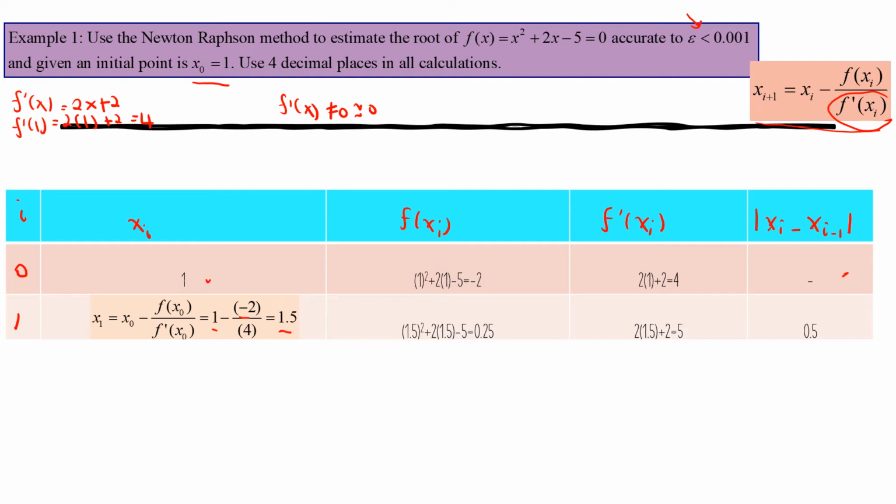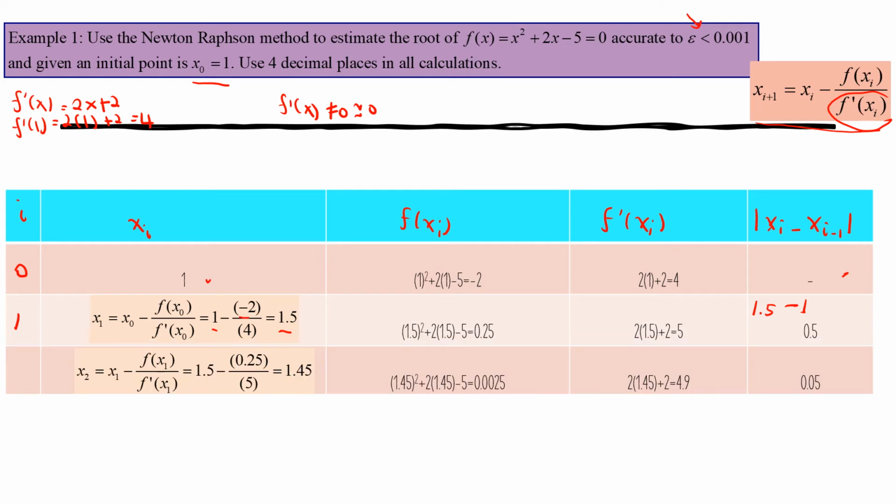Next, substitute 1.5 in f(x_i), you will get 0.25, and for f prime of x1 you will get 5. So the error here is 0.5, which is 1.5 minus 1.